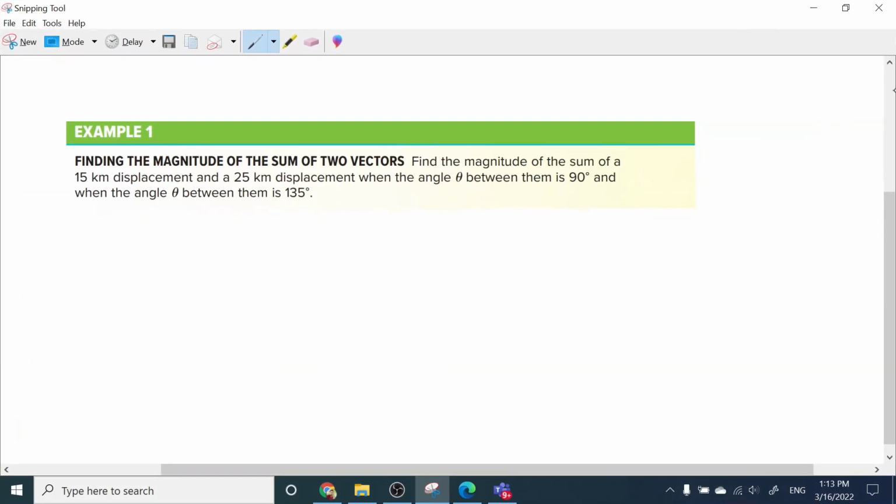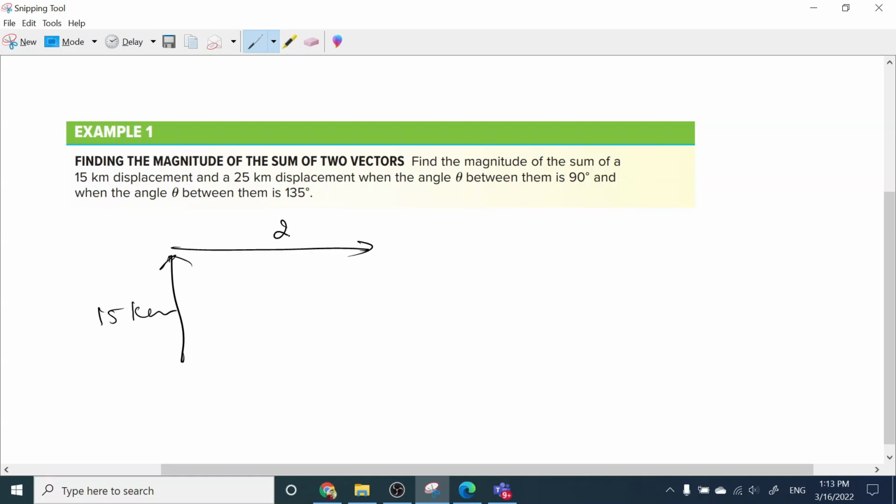So here, find the magnitude of the sum of a displacement of 15 kilometer and a displacement of 25 kilometer when the angle between them is 90 degrees.